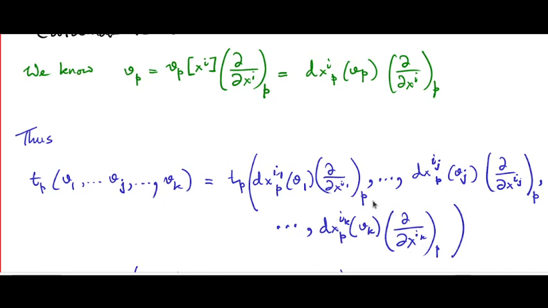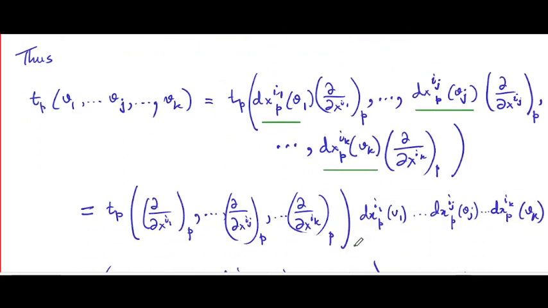Now, what is important here is that the tensor is multilinear. So, the tensor can actually go and act only on the vectors here, with the numbers just coming out of the tensor action. The numbers, remember, are these, and these.